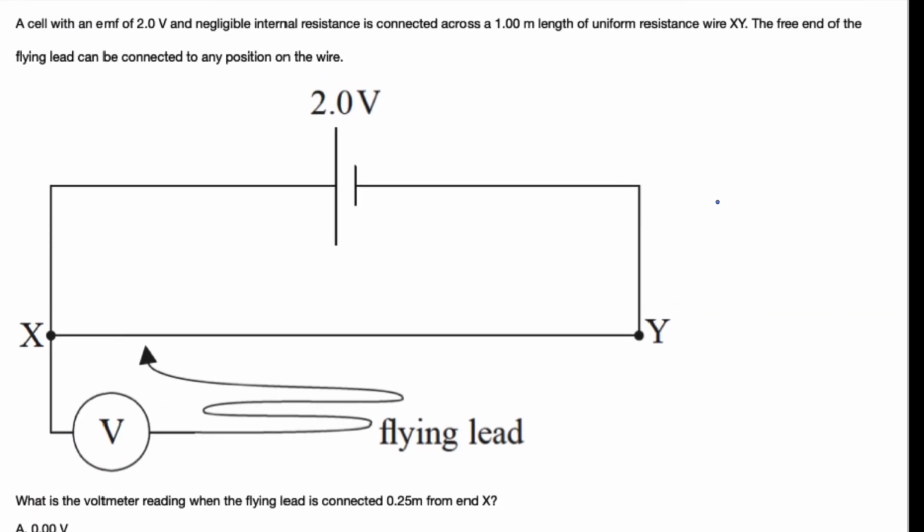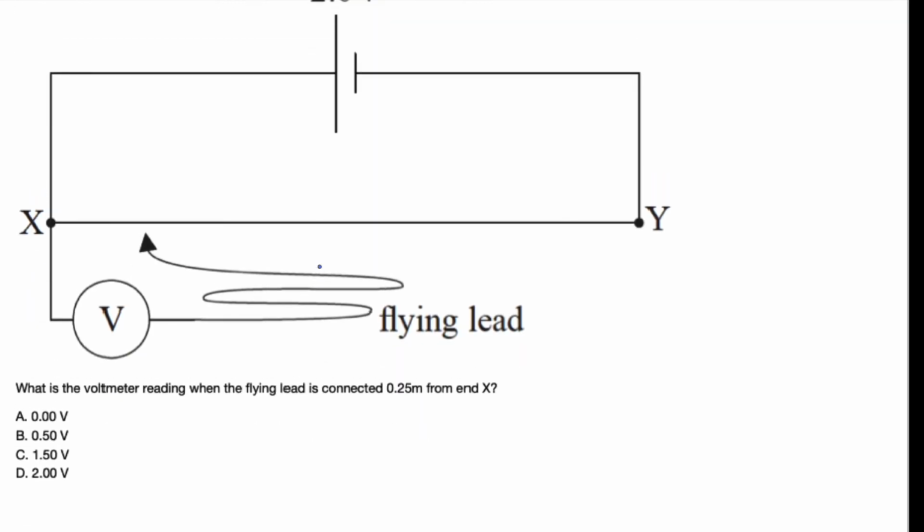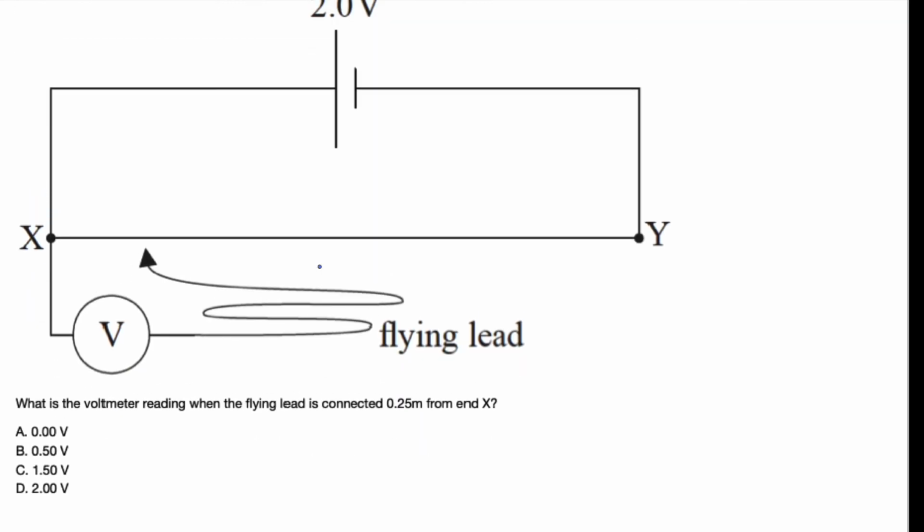A cell with an EMF of 2 volt and negligible internal resistance is connected across a 1 meter length of uniform resistance wire XY. The free end of the flying lead can be connected to any position on the wire. What is the voltmeter reading when the flying lead is connected 0.25 meter from X?